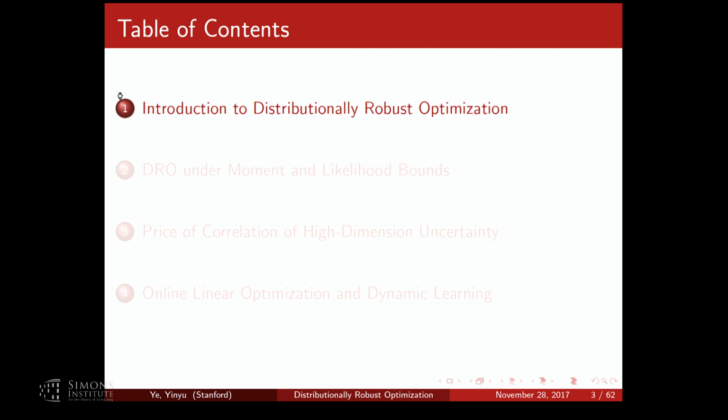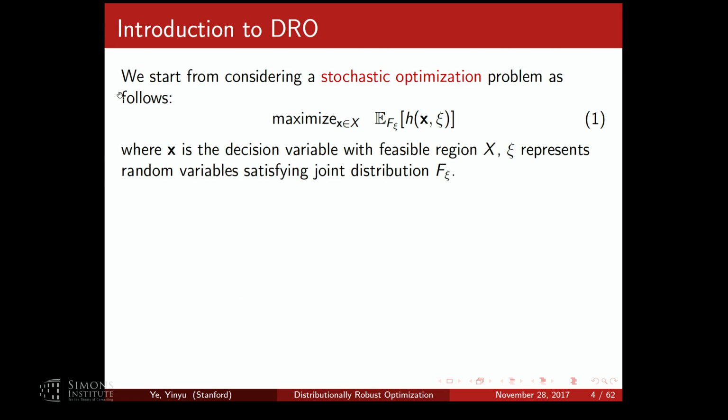So let me give a very brief introduction. It doesn't matter whether it's an estimation or optimization decision problem. Typically you face your decision variables plus some kind of uncertain data.